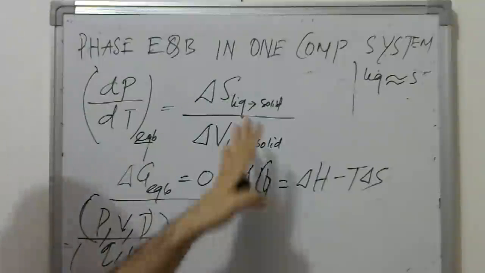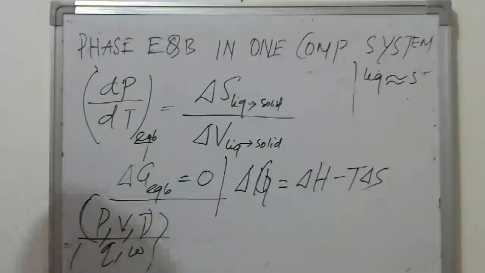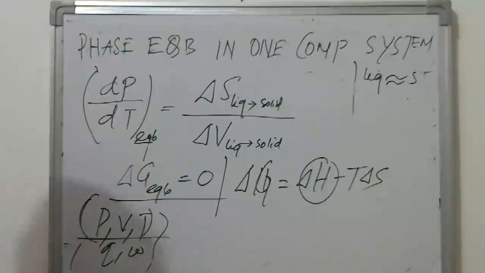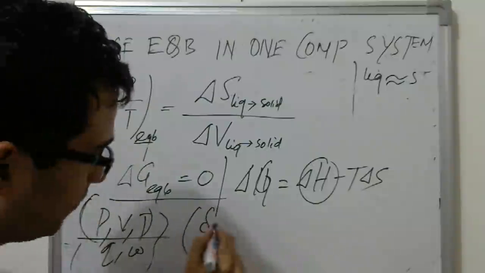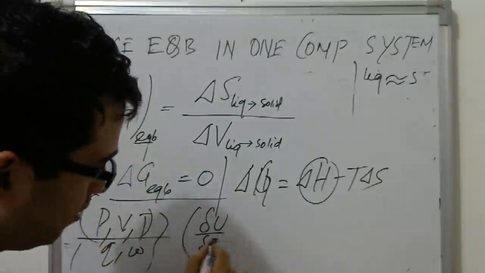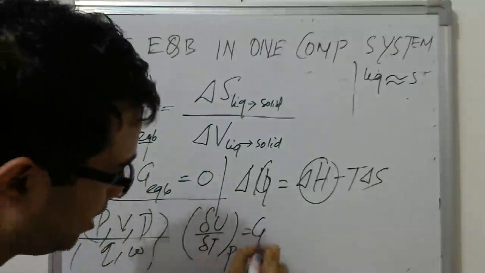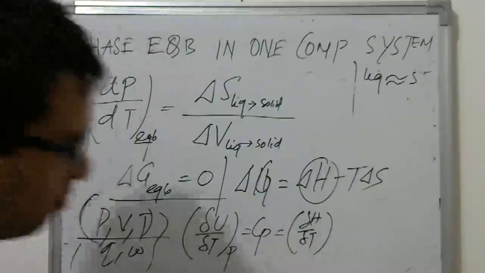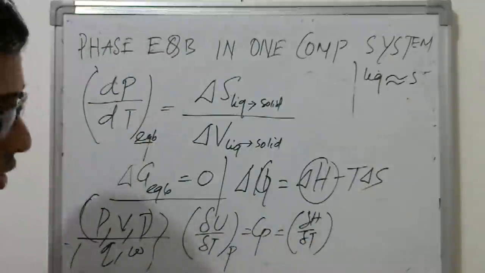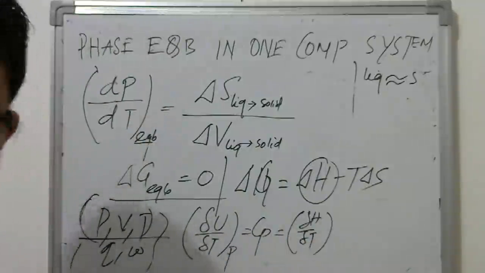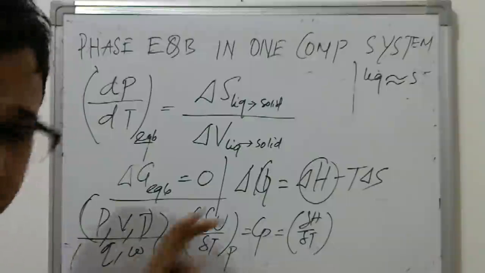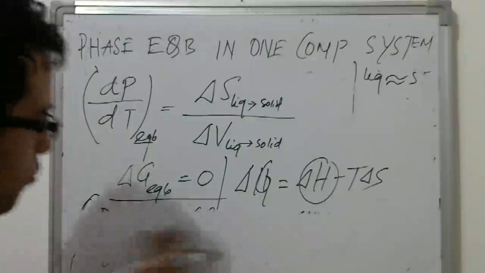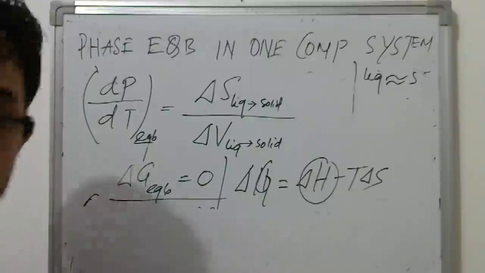Otherwise there is no problem with this entropy change. I always want to think in terms of delta H. There is an advantage of delta H. Do you remember, at constant pressure, dU/dT is Cp and also dH/dT? I have written this expression. So enthalpy is a measurable thing, right?